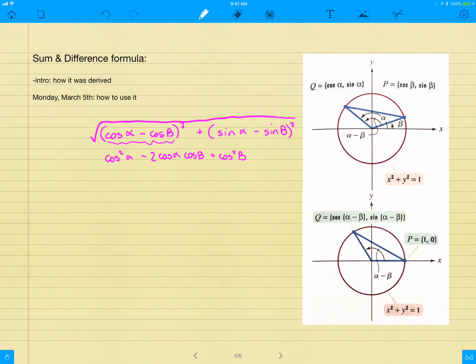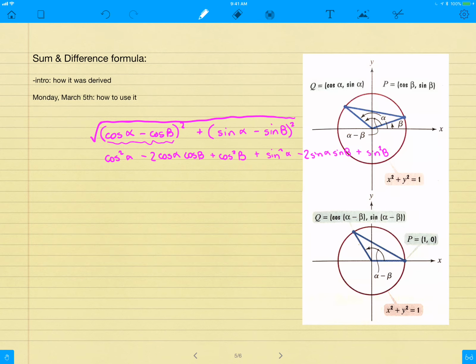Then the second part is the same with the sine. That's sine squared alpha minus 2 sine alpha sine beta plus sine squared beta.